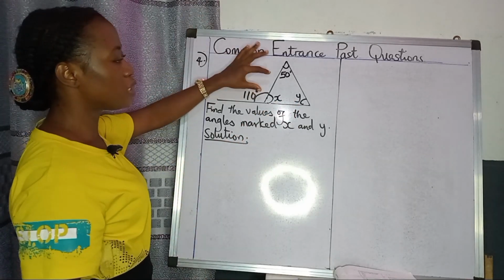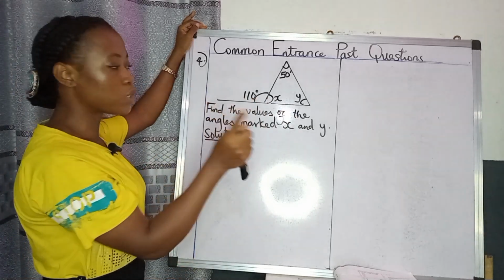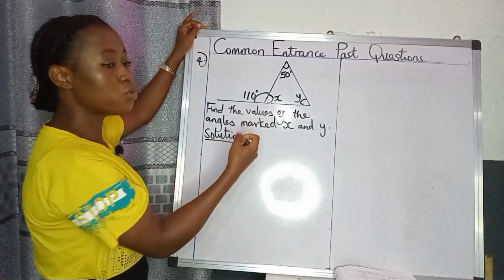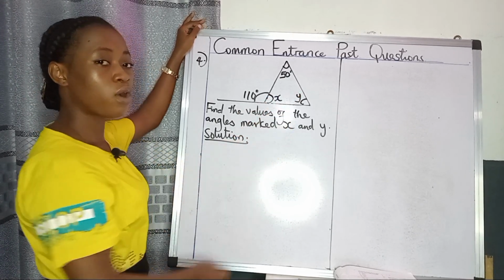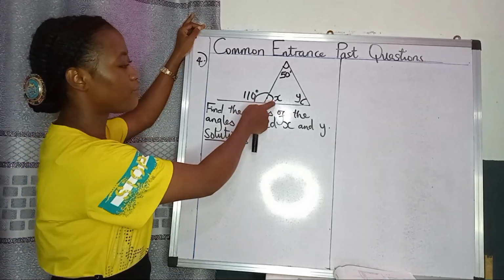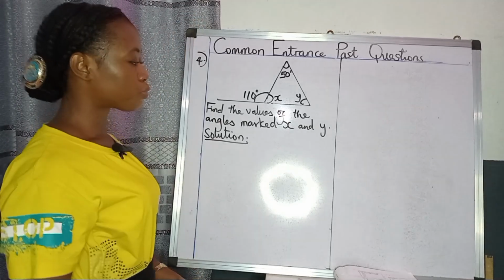Now if you look at this diagram clearly, you have to first of all find the value of angle x before you'd be able to find the value of angle y. To make it very easy for you, you first of all find the value of angle x and then find the value of angle y.